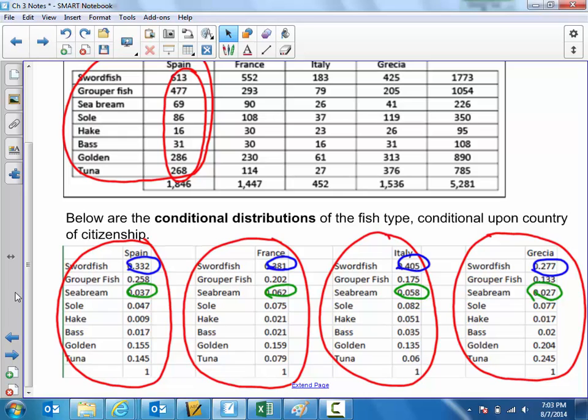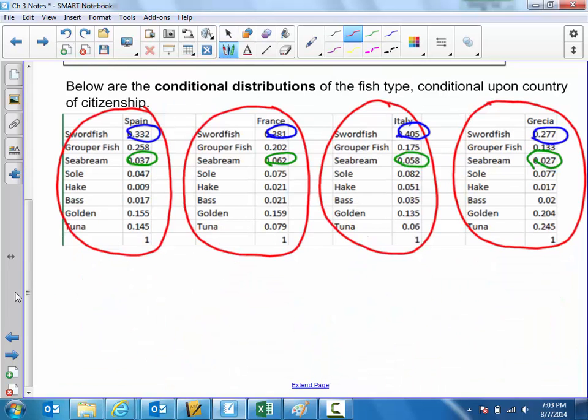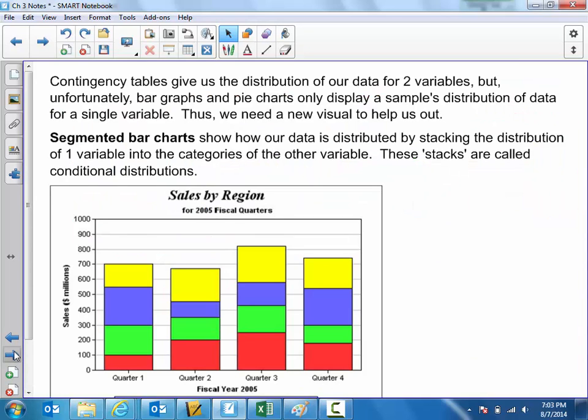Maybe swordfish in Greece are less robust and taste worse than they do in Italy. Who knows? We don't know why the difference is there. We just know that it's there. So we cannot say country of citizenship and preferred fish are independent. We would say these variables are dependent.